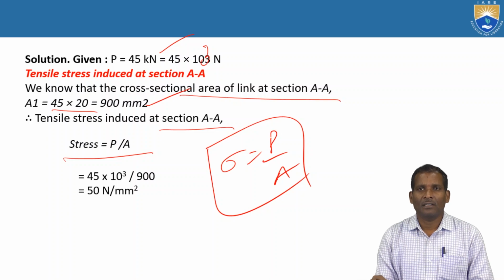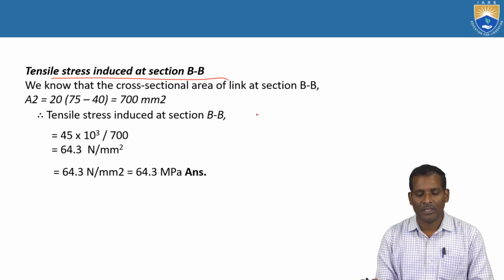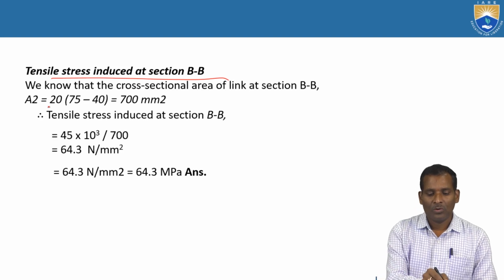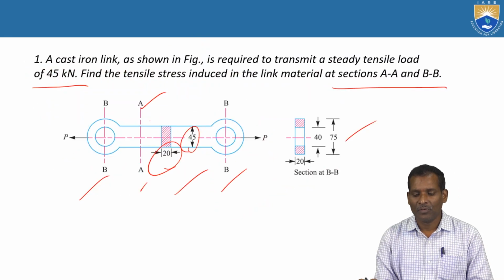Another area we have to find is at section BB, for the tensile stress induced at section BB. Find the cross-sectional area of the link at section BB: 20 multiplied with (75 minus 40).